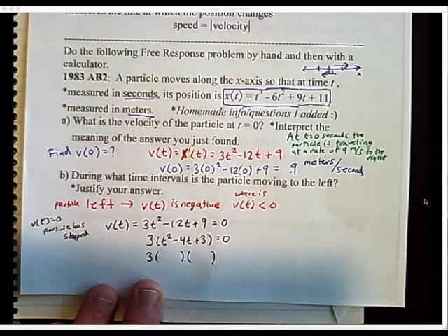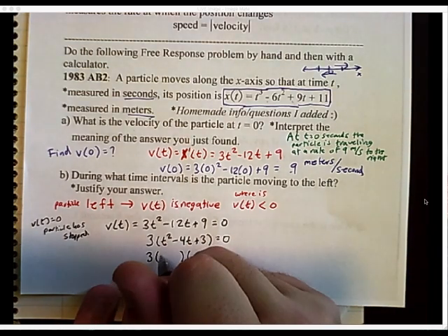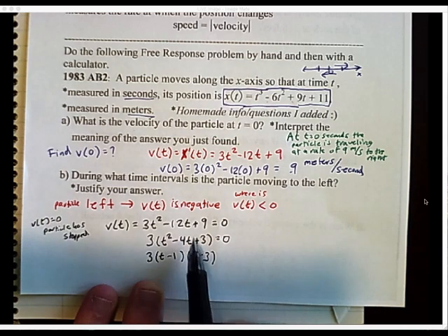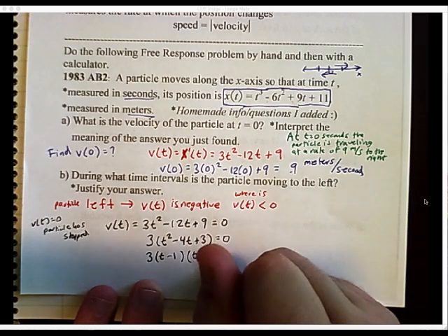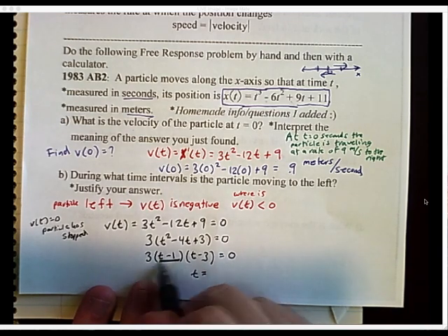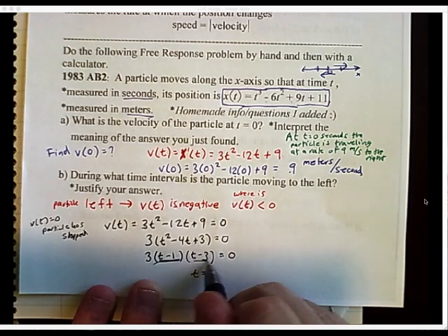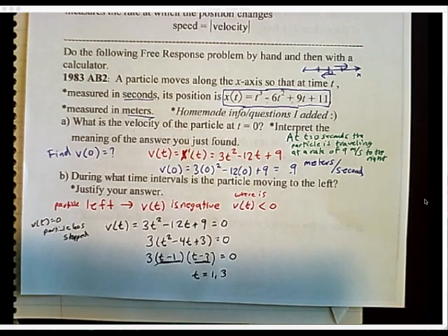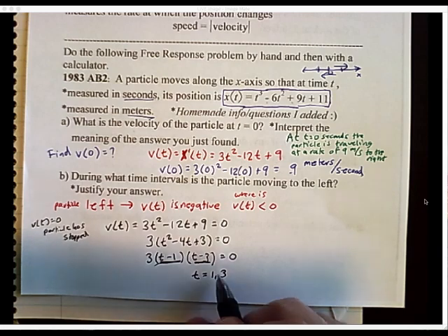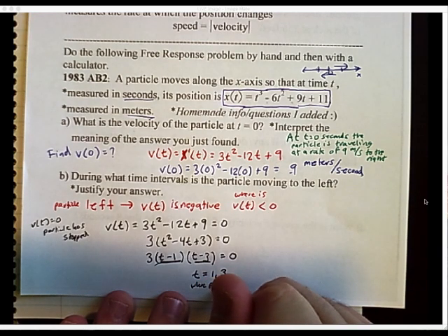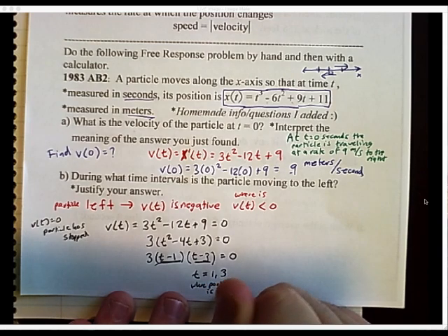You've got a quadratic in there, and you get t minus 1 times t minus 3. That gets me back to this. Using the zero product property, the whole thing is going to be 0 if that's 0 or if that's 0. So t equals 1 and t equals 3. These are the times where the particle is stopped.